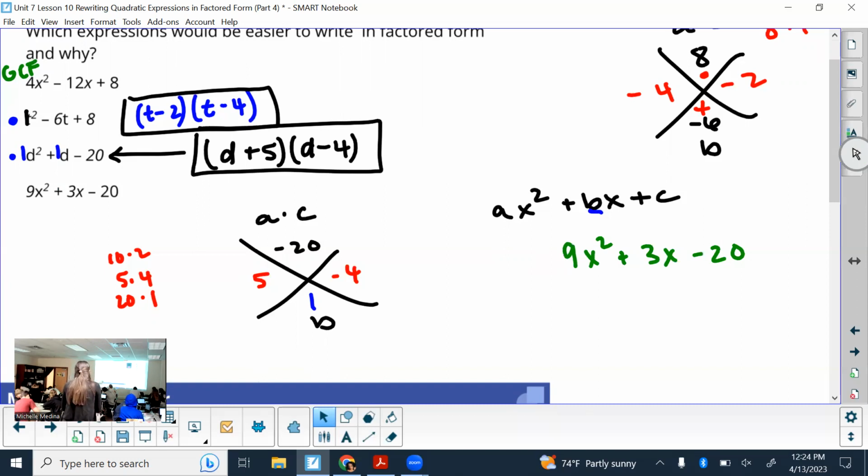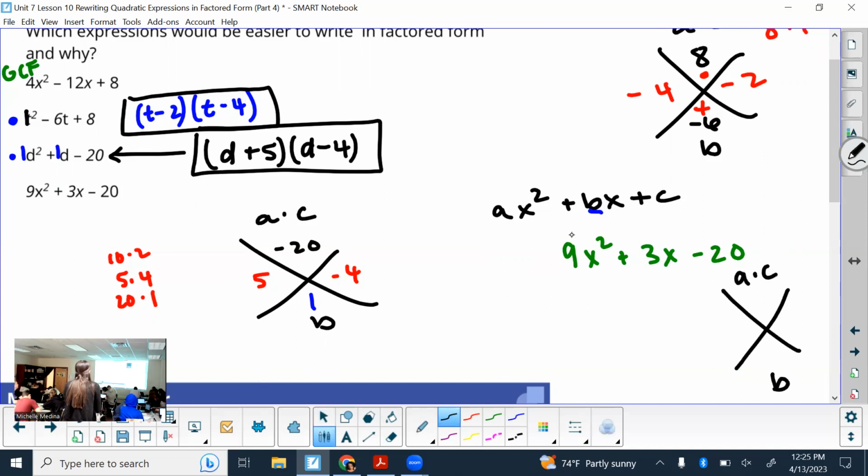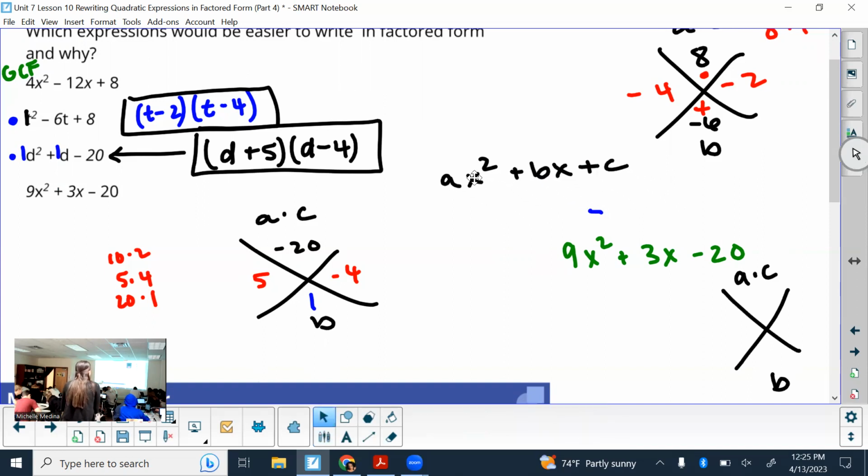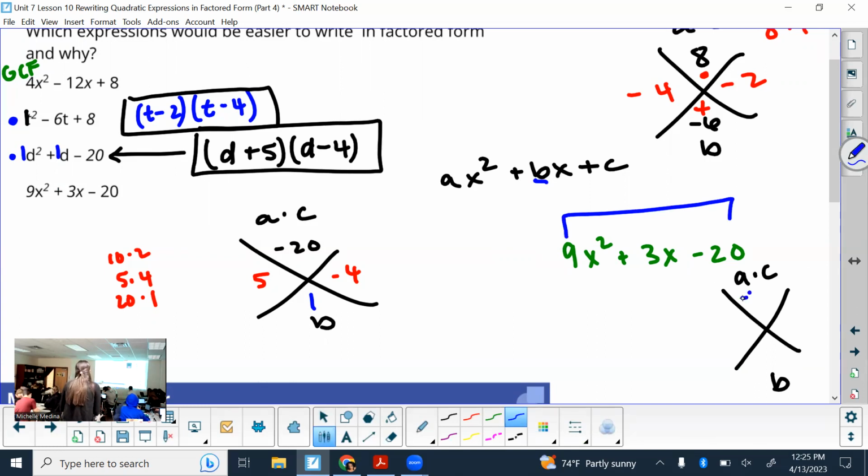The next thing you're going to want to do is apply the diamond method. So it's A times C on top, B on the bottom. But you'll see that when A is not 1, there's a few extra steps involved. So A times C, what's 9 times negative 20? Negative 180. What's my B in this one? 3.